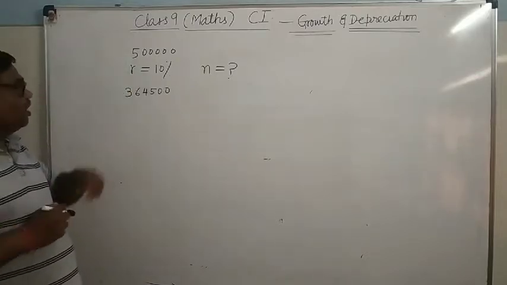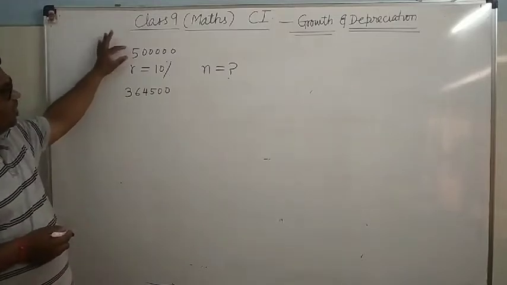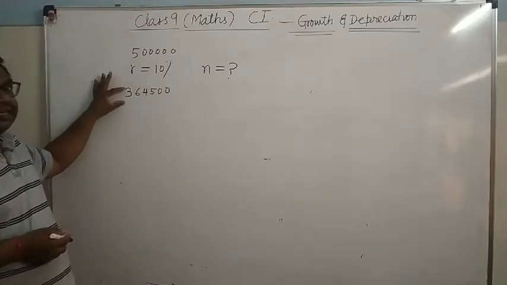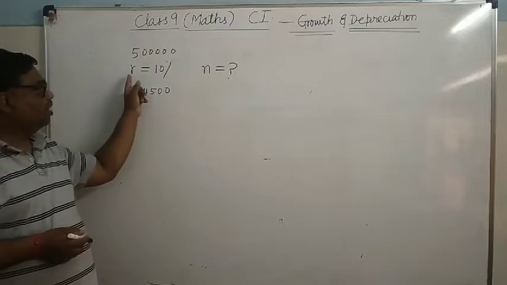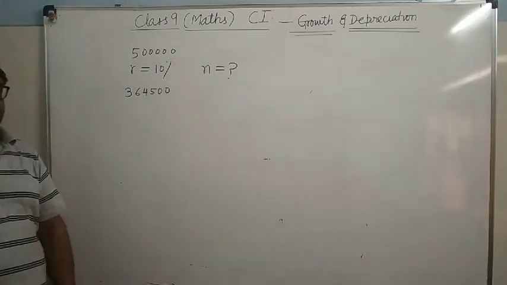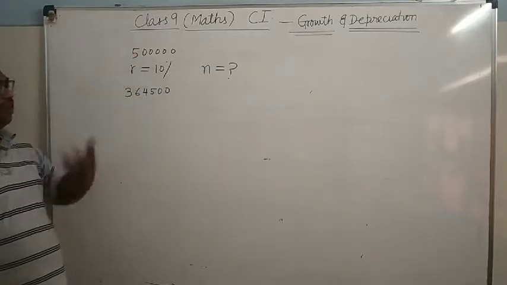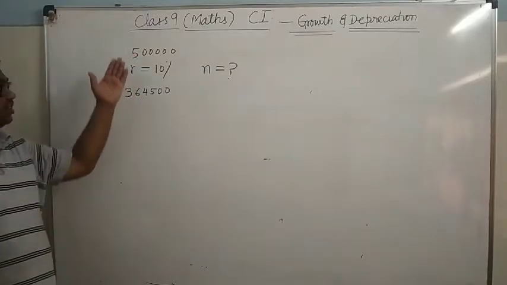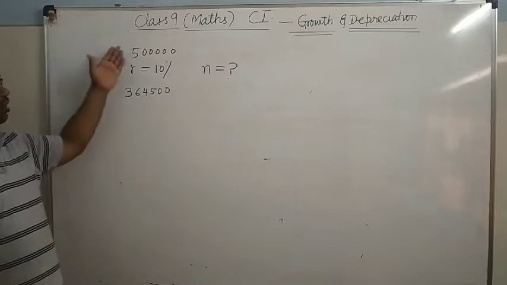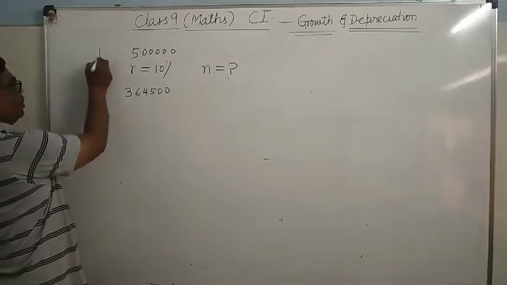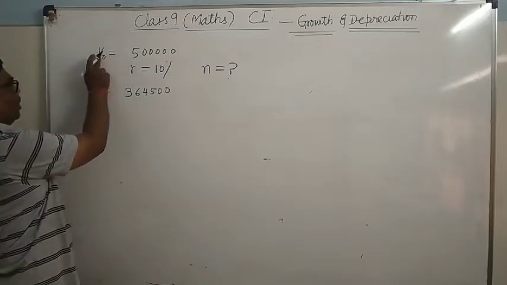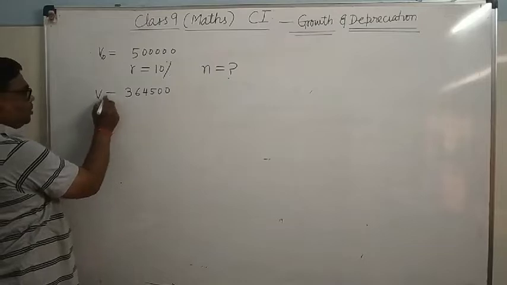It's clear? So see here which value comes earlier? This comes earlier. It is very obvious because this is depreciating. So in the beginning value is this. It's clear? Let after any year it becomes this.